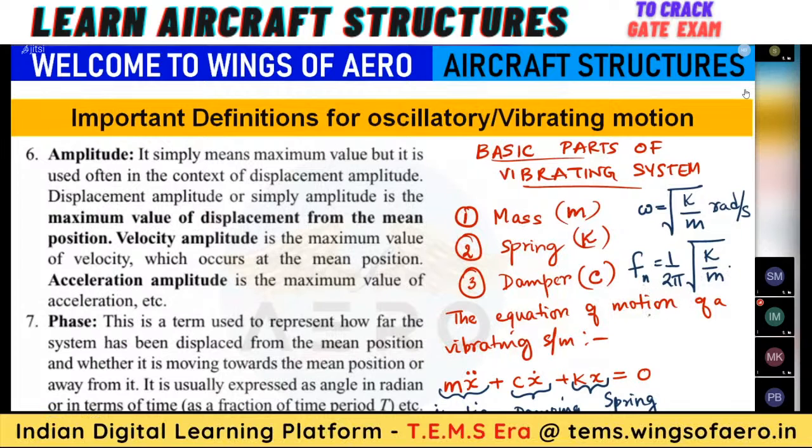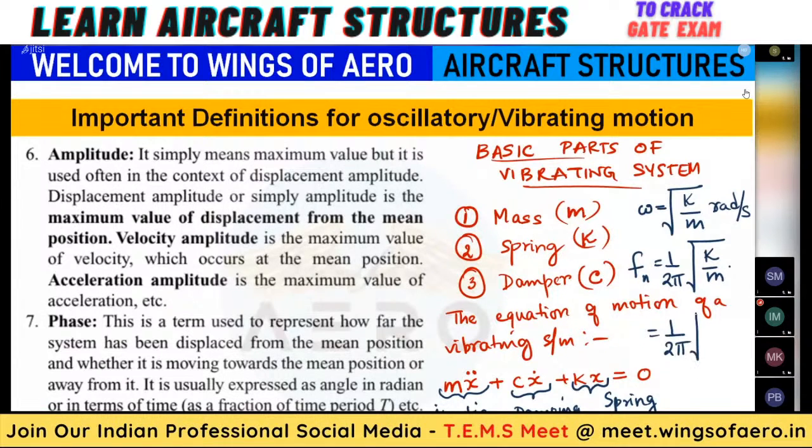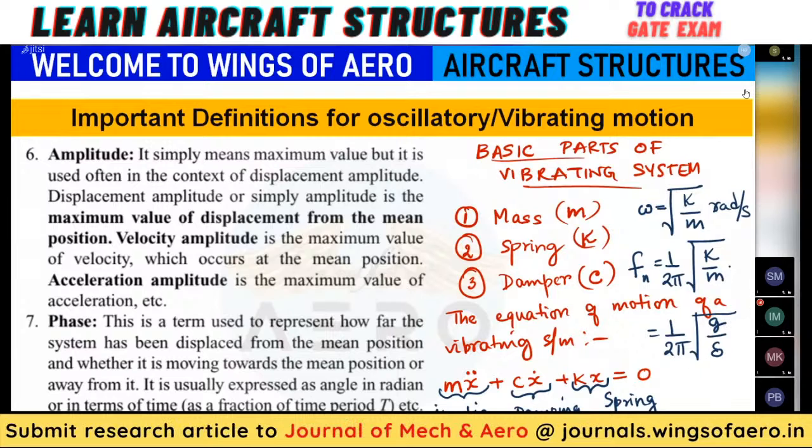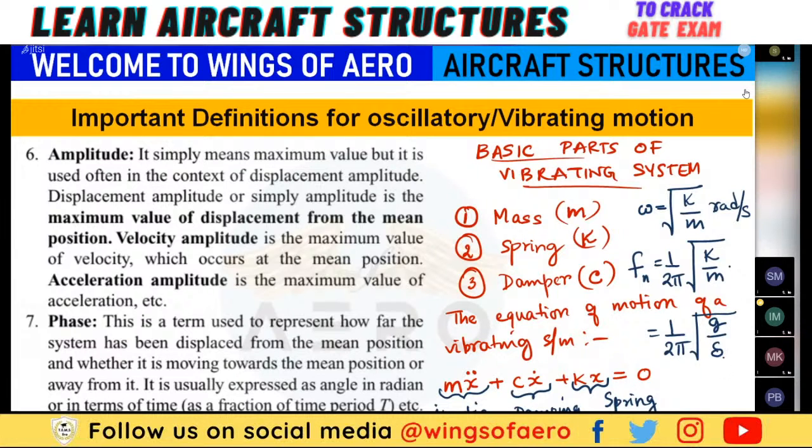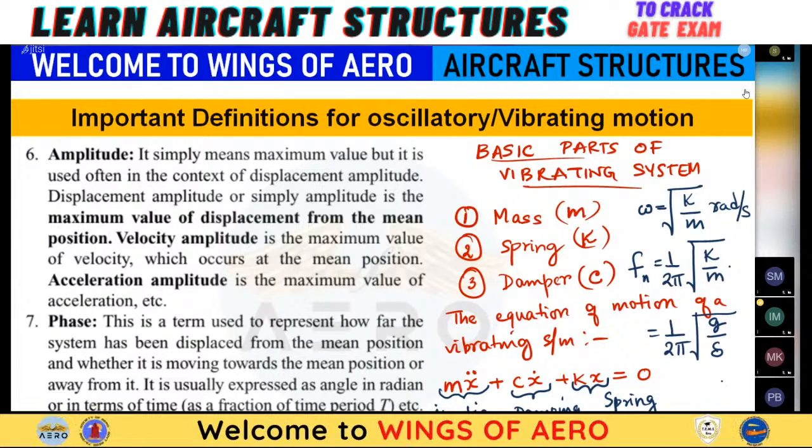It can also be written as 1 by 2 pi root of g by del. G is gravity, that is 9.81, and del is the deflection.